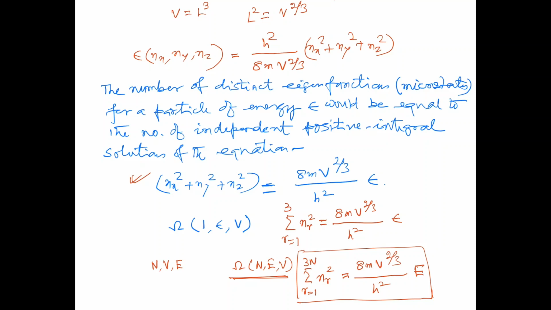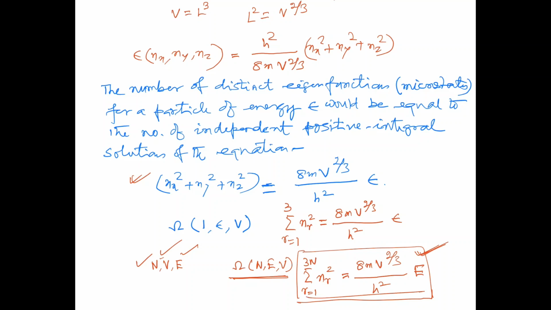So the number of microstates for a system of n non-interacting particles kept in a volume V with total energy E will be given by the independent positive integral solutions of this equation. And what type of solutions?